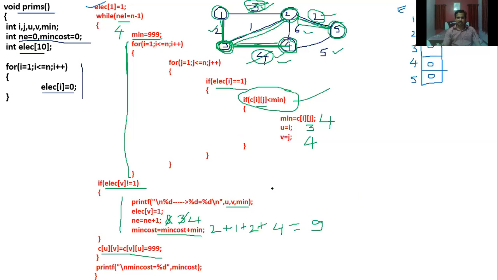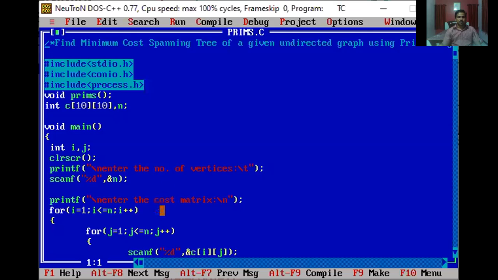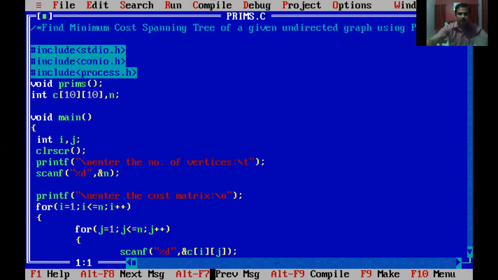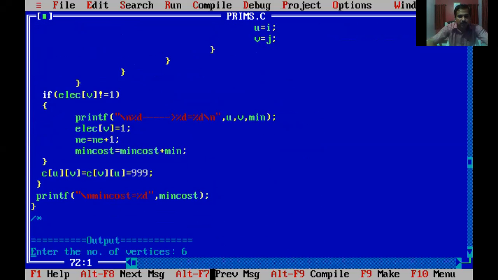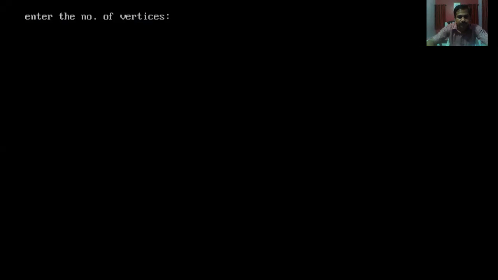So let me execute the program with this same input. Okay. The same program, the Prim's algorithm. Okay. Let me run this. Number of vertices is 5.